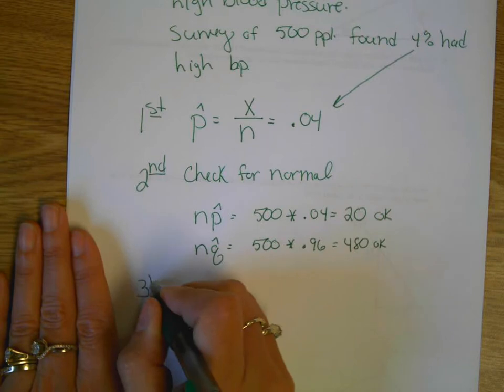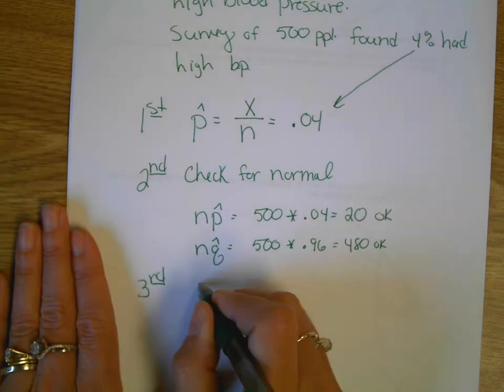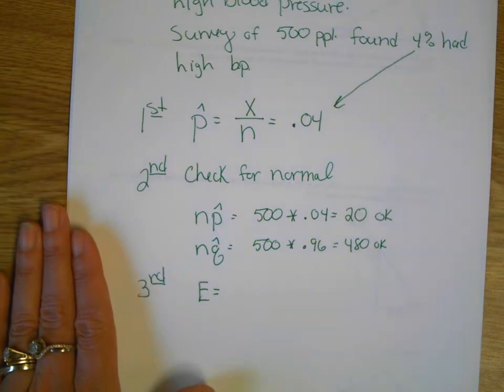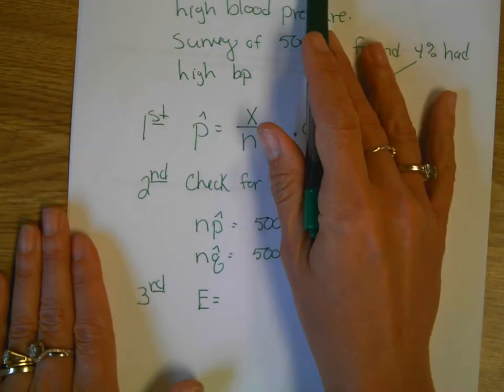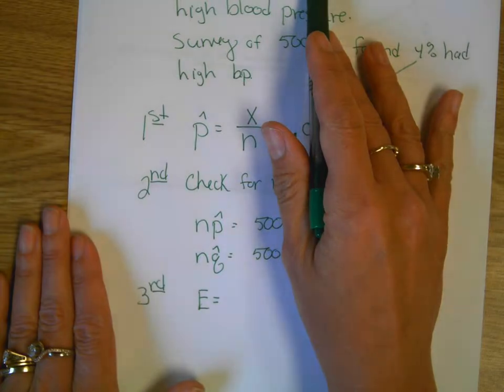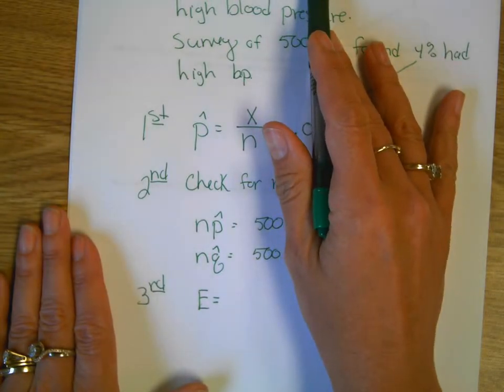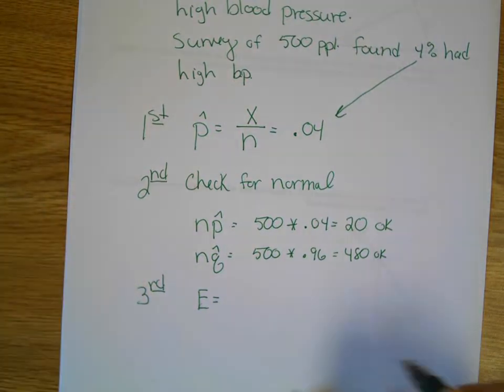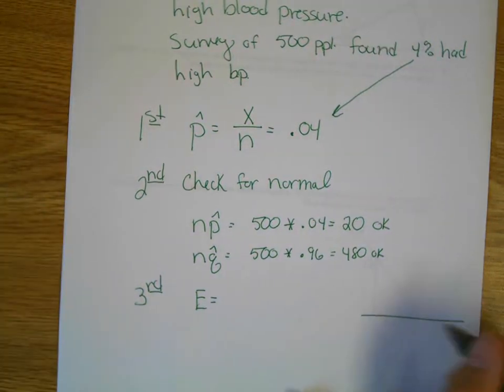Okay, so third step is to calculate your max error. I need the z-score for 92%. You can do it. Those three numbers we gave you, you found those off of the table. You remember how we found those z-scores.